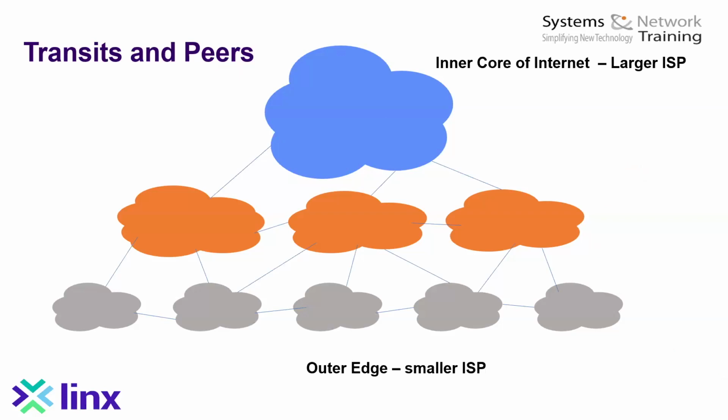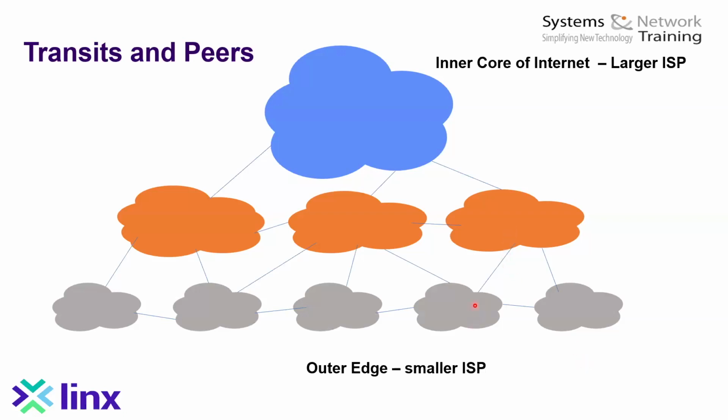And we're going to talk about this together with transits. So the internet is made up of multiple service providers of different shapes and sizes. And there are two commercial service options available when it comes to ISPs connecting to each other over the internet.